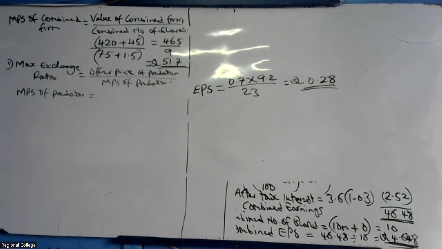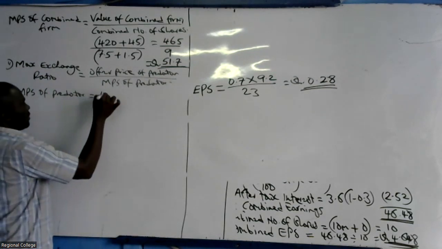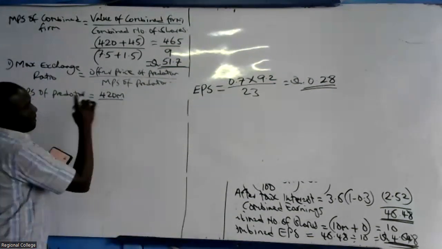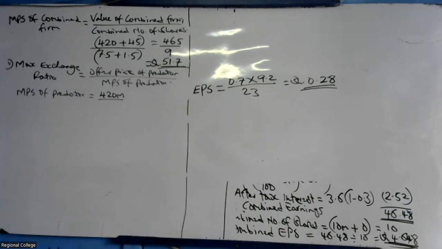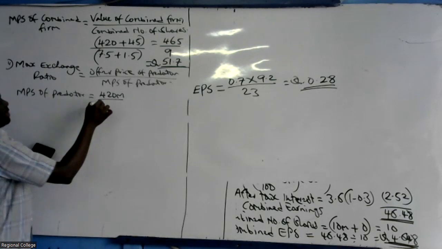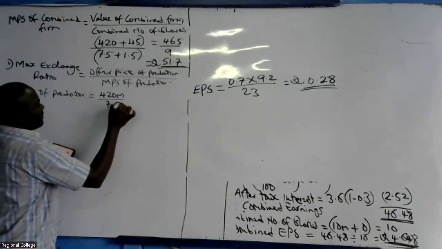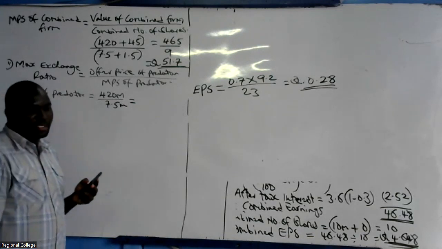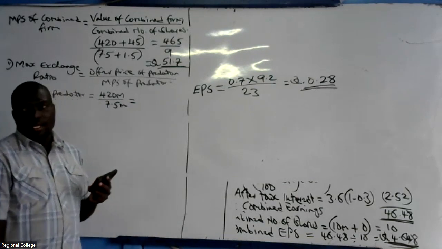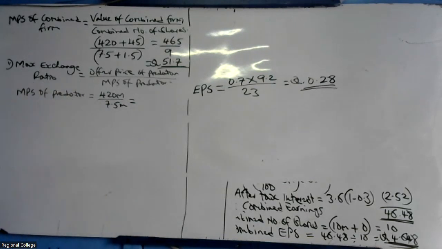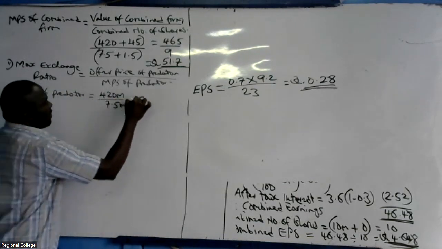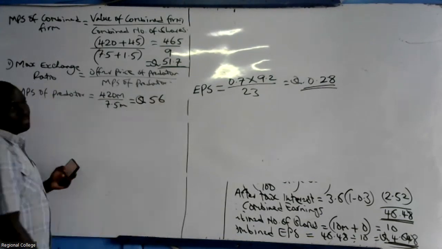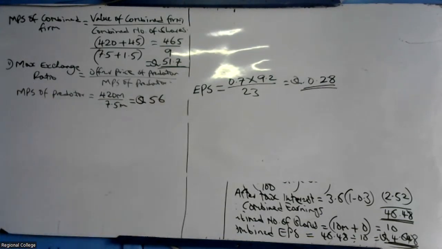The predator's total market value is 420 million, divided by 7.5 shares, so one share is 56.